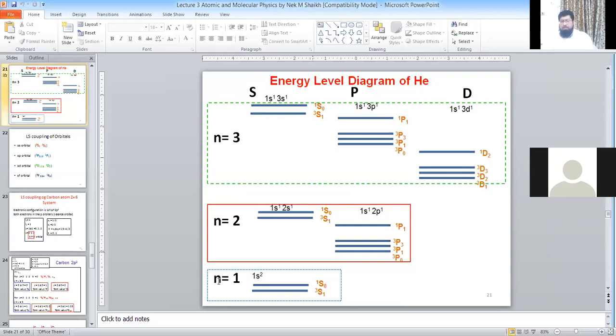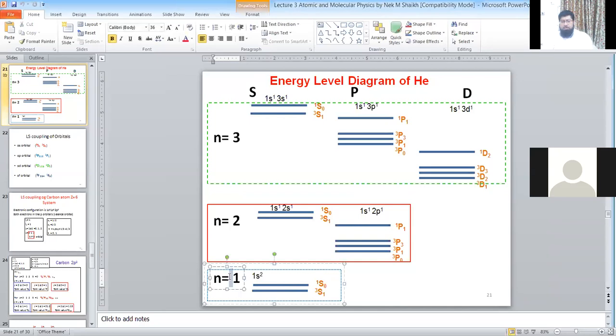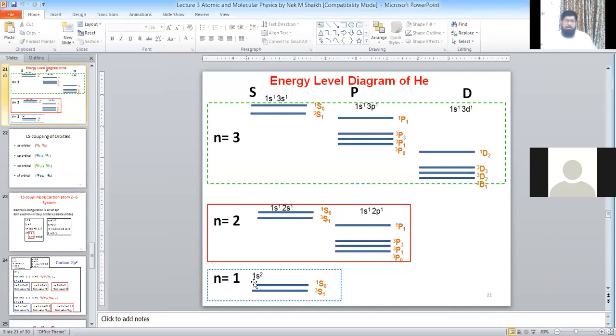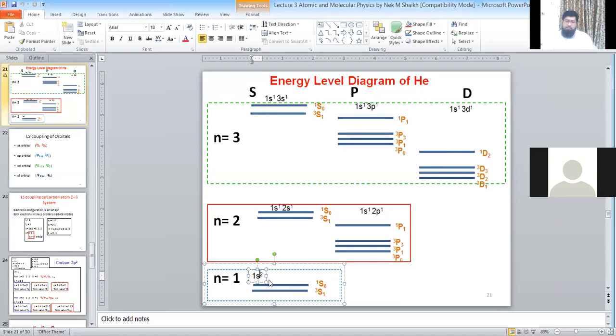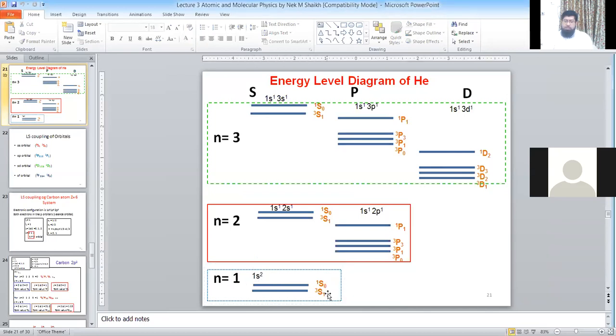If the electron is n equal to 1 here, it means both electrons are in the 1s orbital. So this combination is the 1s2 electronic configuration. So the term values are 3S1 and 1S0.